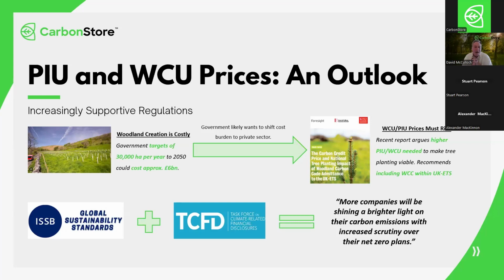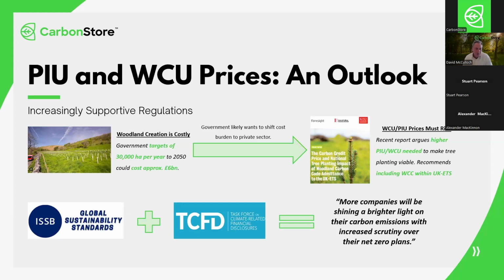The report then recommends allowing WCUs to be included within the UK ETS, and this is the UK's emissions trading system. And put simply, it is where companies operating in energy-intensive industries must compulsorily purchase carbon credits. And it is widely hoped that this will lead to an increase in carbon credit prices.